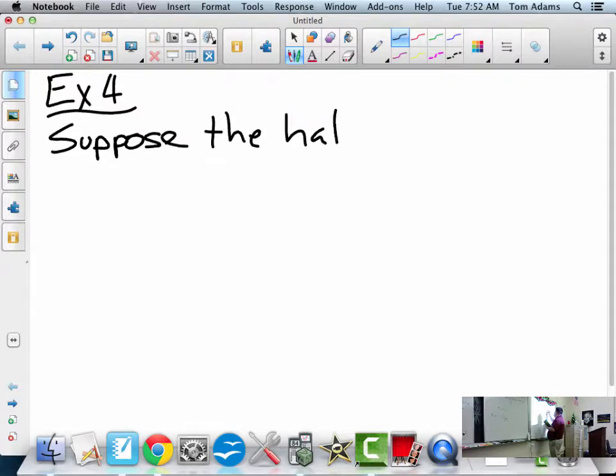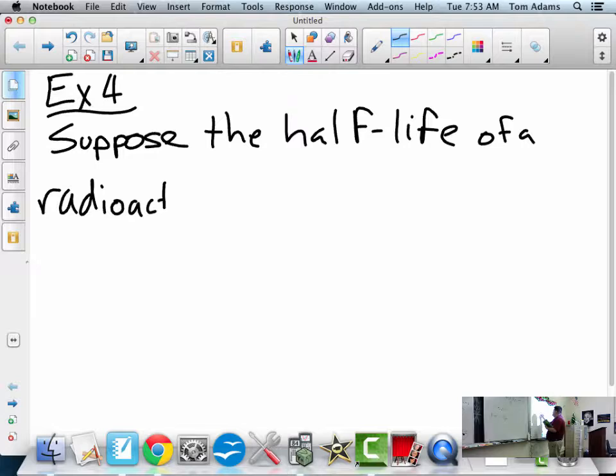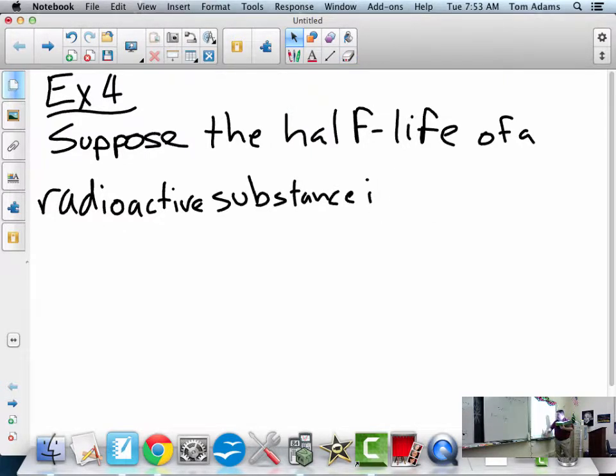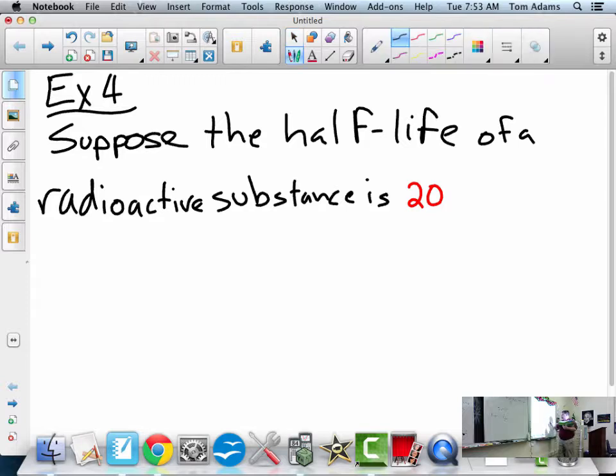Suppose the half-life of a radioactive substance, and we won't name it, we'll just call it some radioactive substance, is 20 days. Okay?